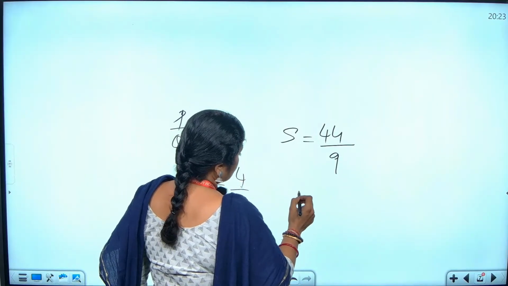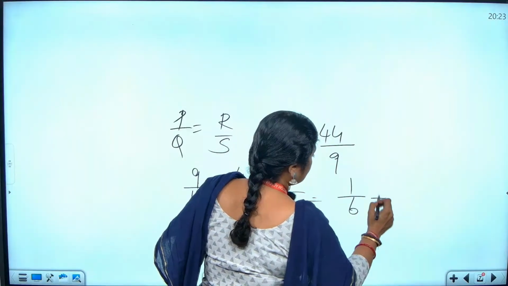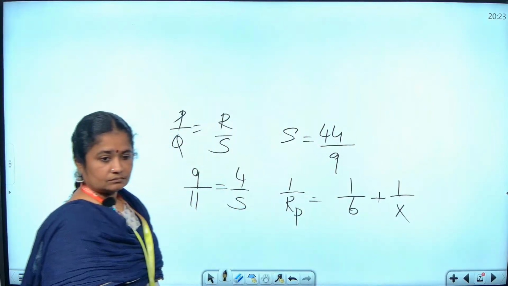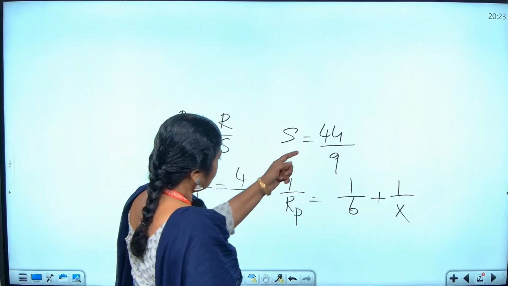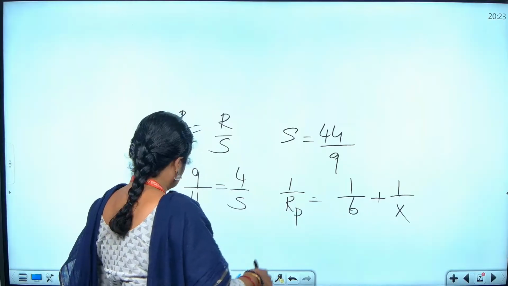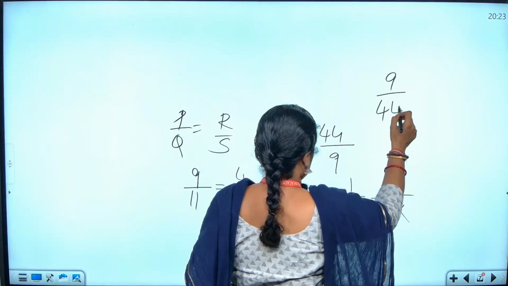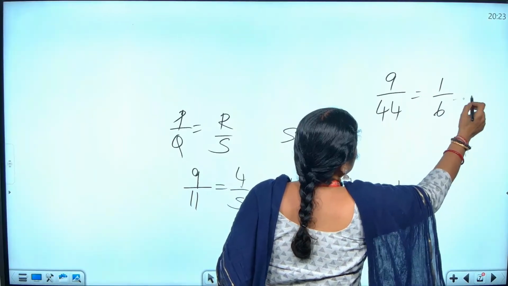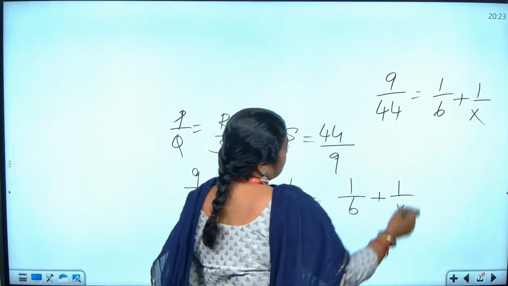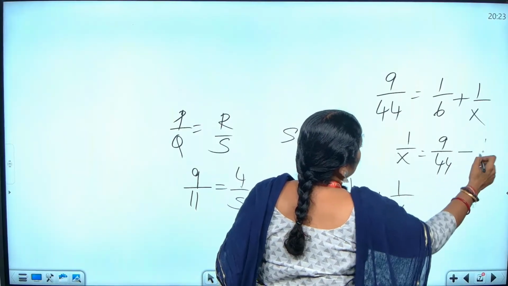Now 1 by RP is equal to 1 by 6 plus 1 by x. That RP is 44 by 9. So 9 by 44 is equal to 1 by 6 plus 1 by x. Therefore 1 by x is equal to 9 by 44 minus 1 by 6.